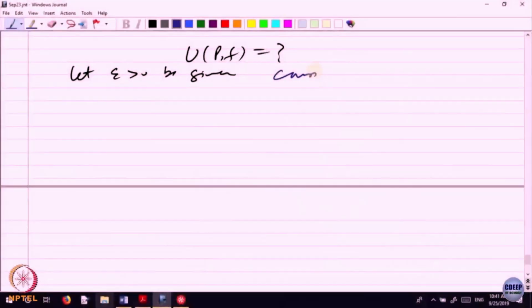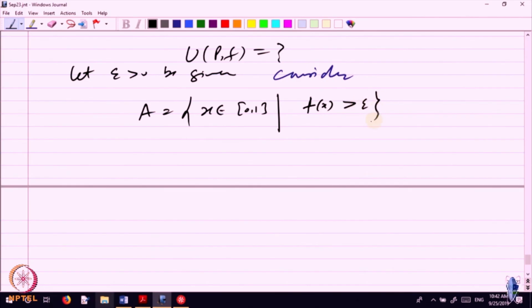So I am looking at the set. Consider A to be all x belonging to [0, 1] such that f of x is bigger than or equal to epsilon, it doesn't matter.